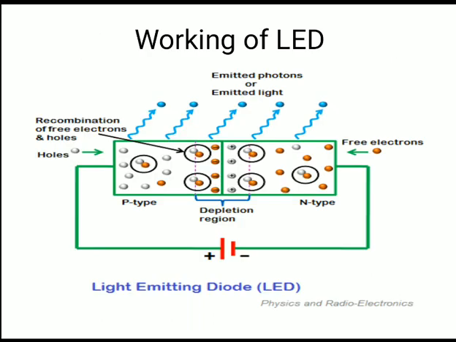Now let us see the working of the LED. You can see here the P type is connected to positive and the N type is connected to negative.